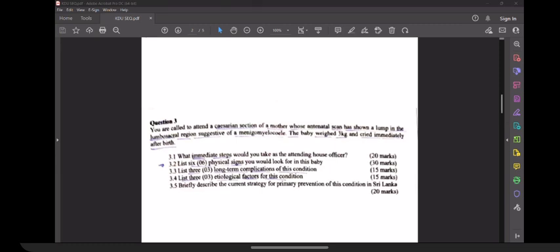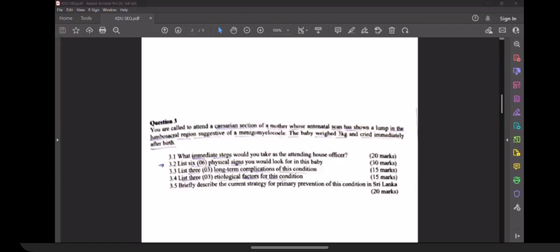So the baby weighed 3 kilograms and cried immediately after birth. So that means there are no immediate neonatal issues. Knowing that there is a meningomyelocele, the attending doctor would have examined the spine, noticed this lump and taken the baby to the neonatal ICU.